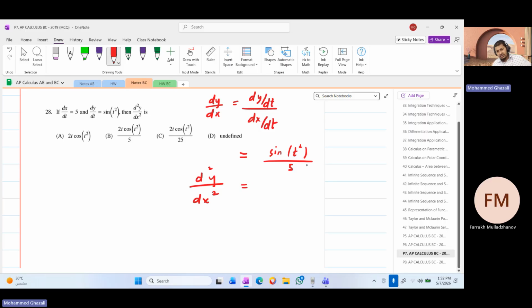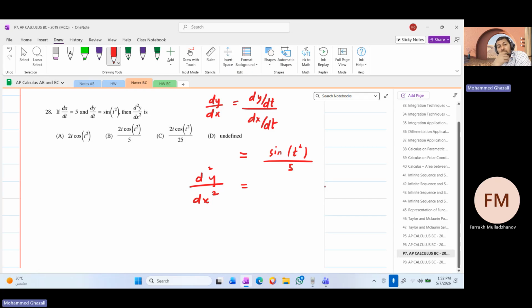If you find the derivative of this function, don't apply the quotient rule now. It's easy, right? Find the derivative of this function, it's a function in t.